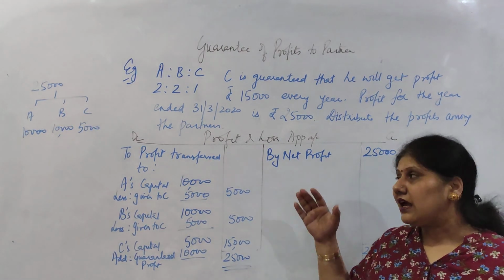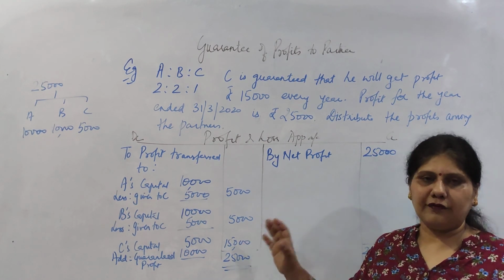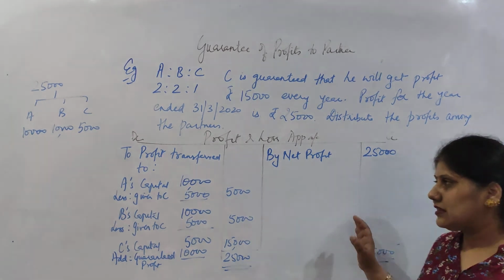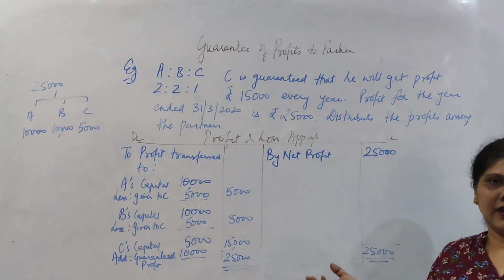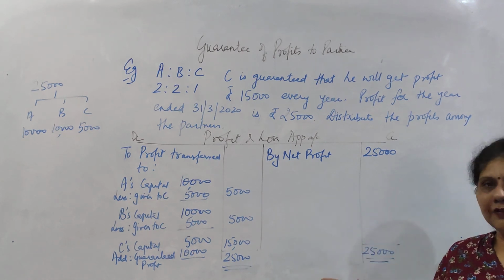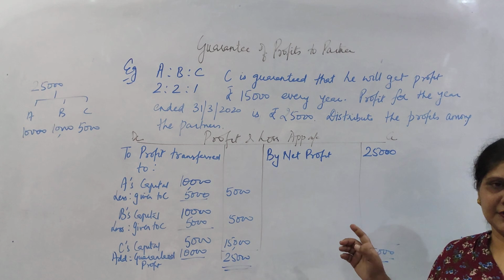Guarantee of profits can be a part of a full-fledged question on profit and loss appropriation account. This is just an example which shows how we have to deal with this topic. Otherwise, it can be part of a full-fledged question, and it can be along with past adjustments also.